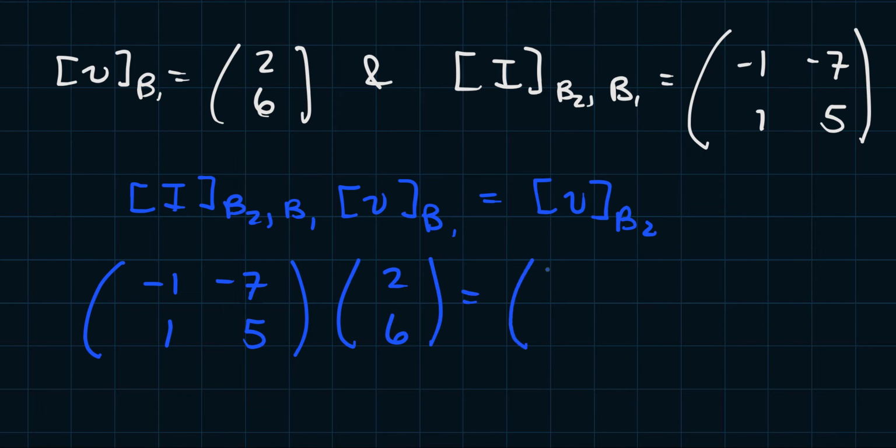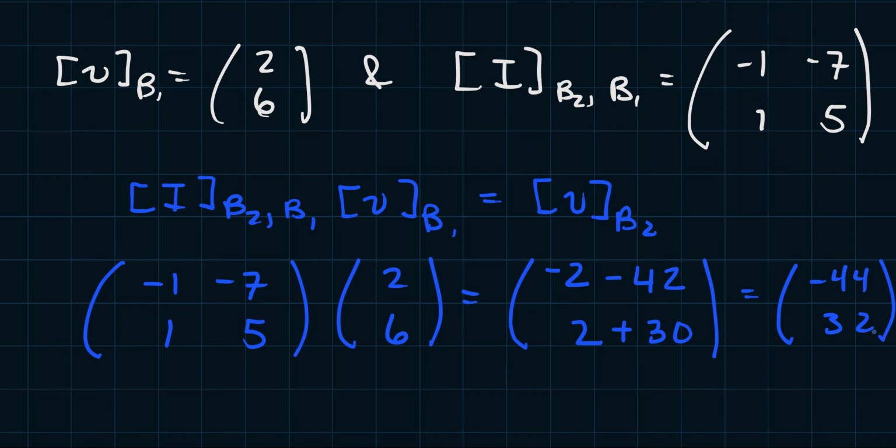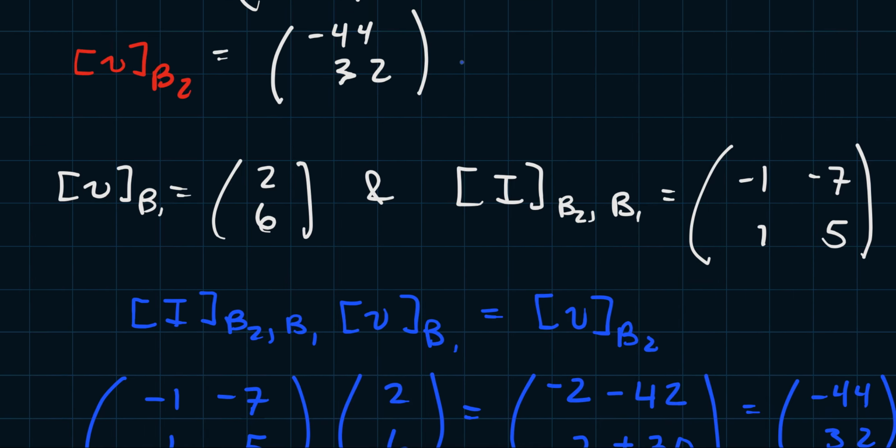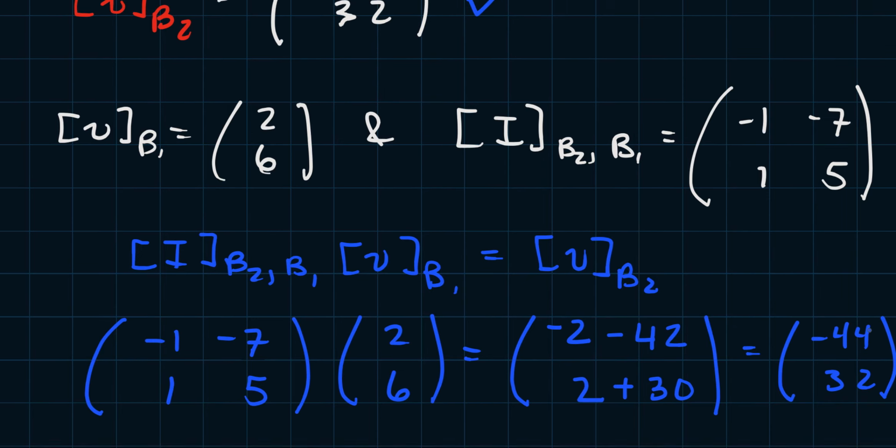What do we get? We get -2 minus 7 times 6, I think that's 42. And then we get 2 plus 5 times 6, that's 30. So we get -44, 32. Let's look back at what we had: -44, 32.